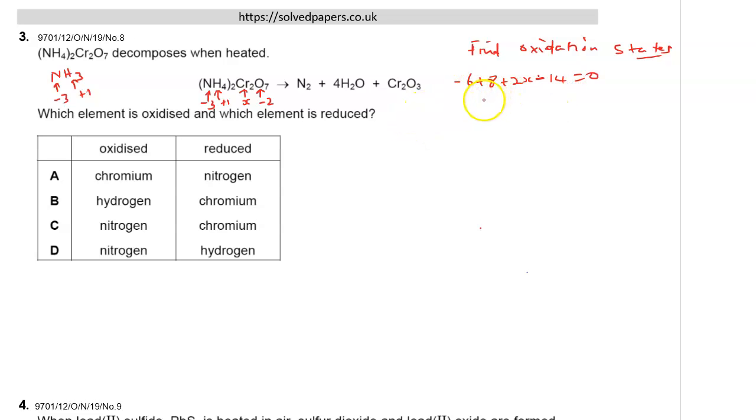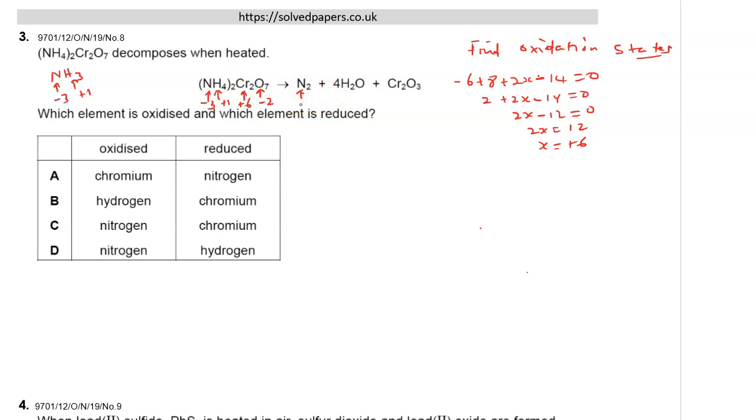Of course, this and this will give us 2 plus 2x minus 14 equals 0. Therefore, 2x minus 12 equals 0. 2x equals 12. X equals plus 6. So the oxidation state of chromium here is plus 6.